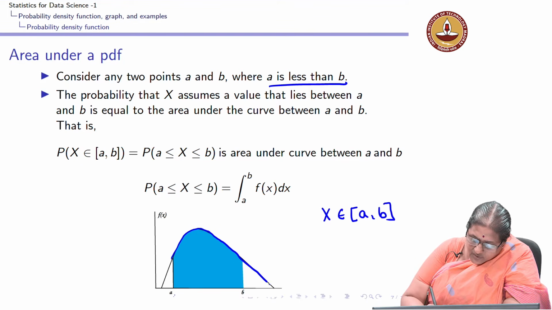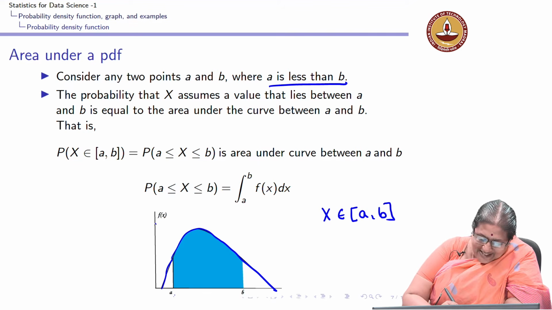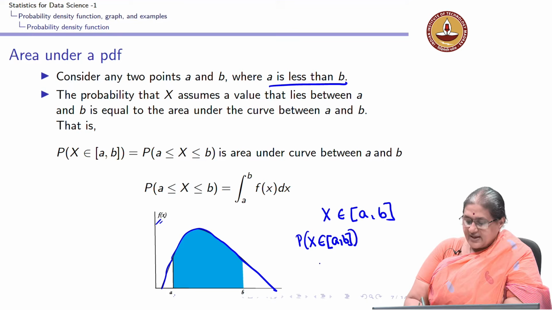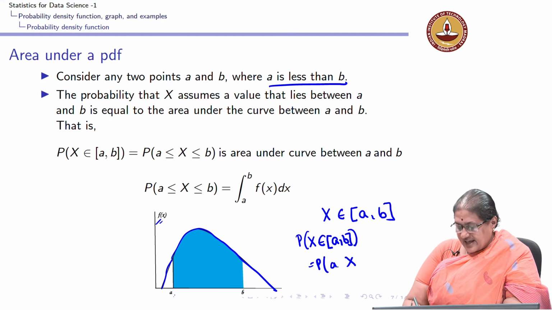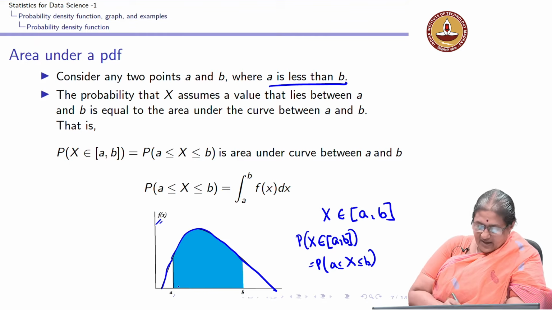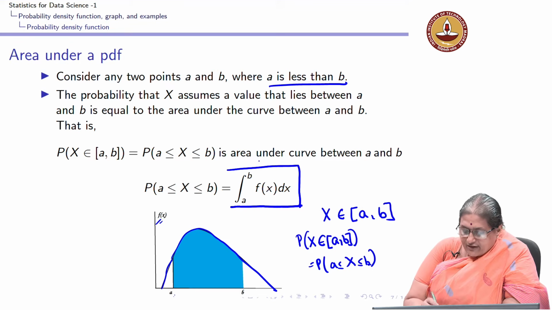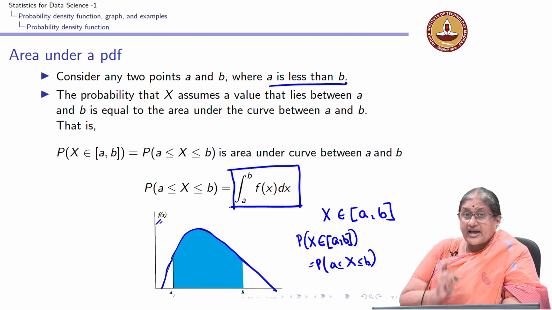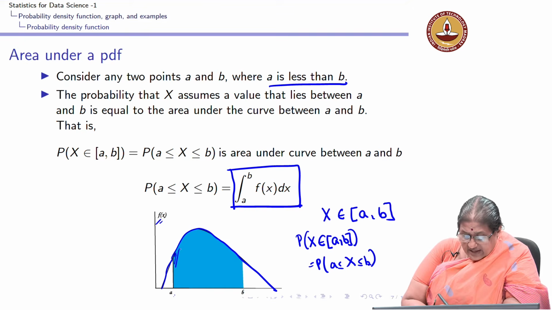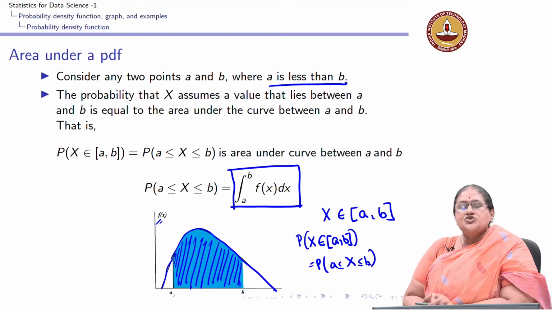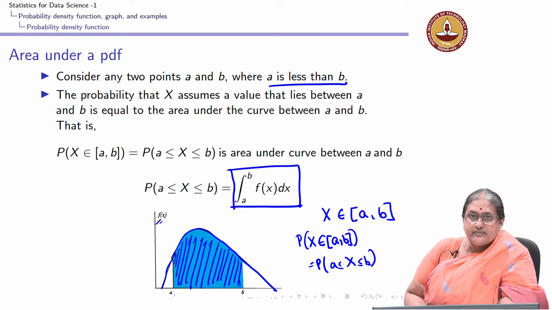This is what I refer to as the probability density function, and the way I am defining it is probability x belongs to A to B, same as x lies between A and B, which is defined as integral A to B f of x dx. From our calculus classes, we know that integral A to B f of x dx is nothing but the area under the curve enclosed between A and B.